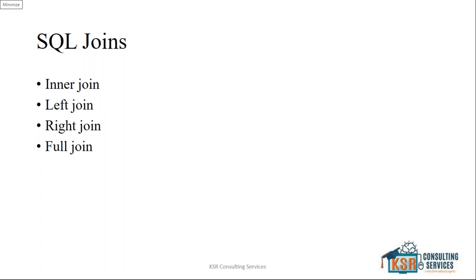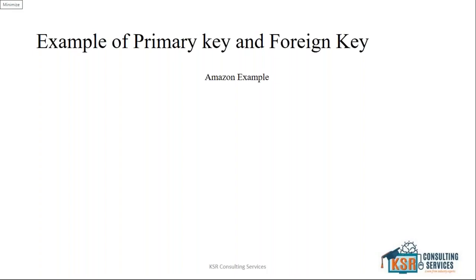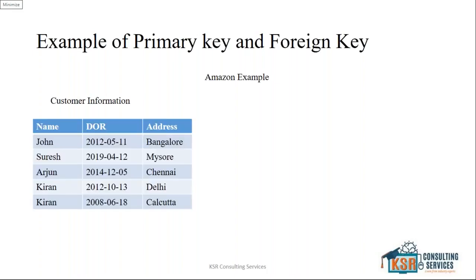For that, we have an Amazon example, wherein I have something called customer information. What exactly is the customer information? I have the name of the customer and when they joined Amazon.